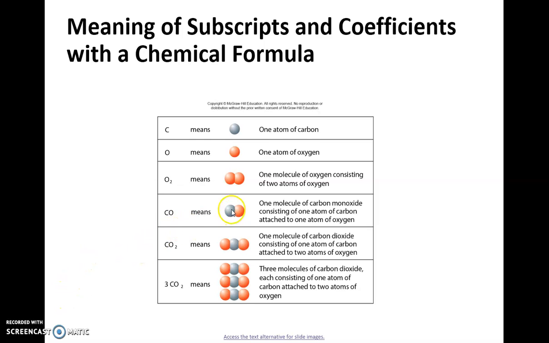And then here we have 2 different elements bonded together, so we write them like this. And here we have 1 carbon and 2 oxygens bonded together. And then if we have a coefficient out front, that means we have 3 of those molecules.